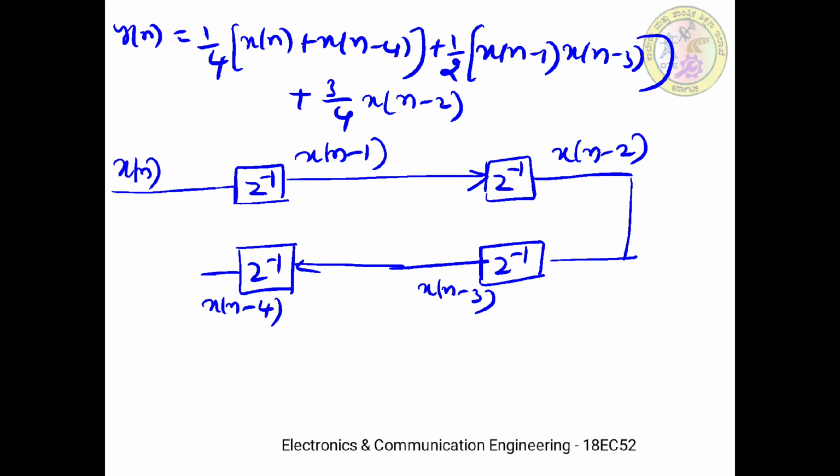Now what is the first term? It is x of n plus x of n minus 4 that we have to add, then that sum should be multiplied by 1 by 4. Here I have the x of n signal, and here x of n minus 4 is already available. So here I'll place one adder and this will add these two signals, and the sum is going to be multiplied by 1 by 4.